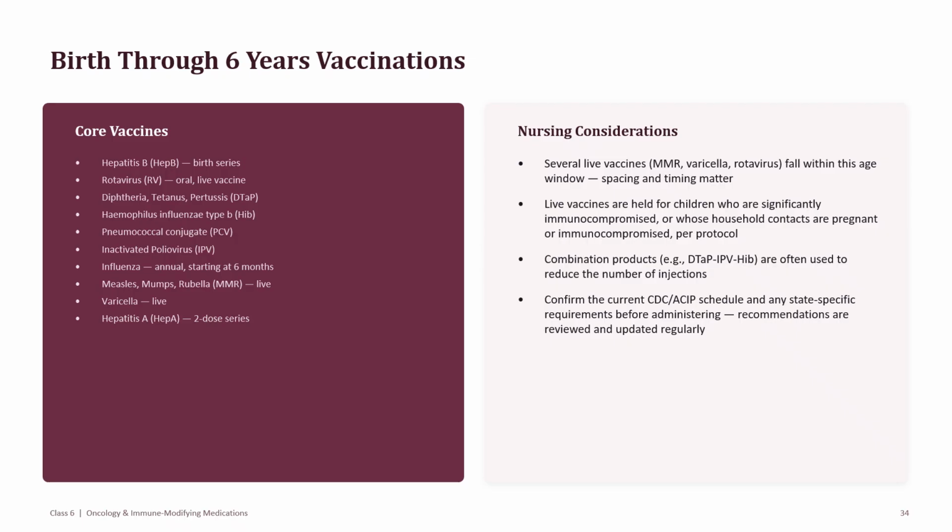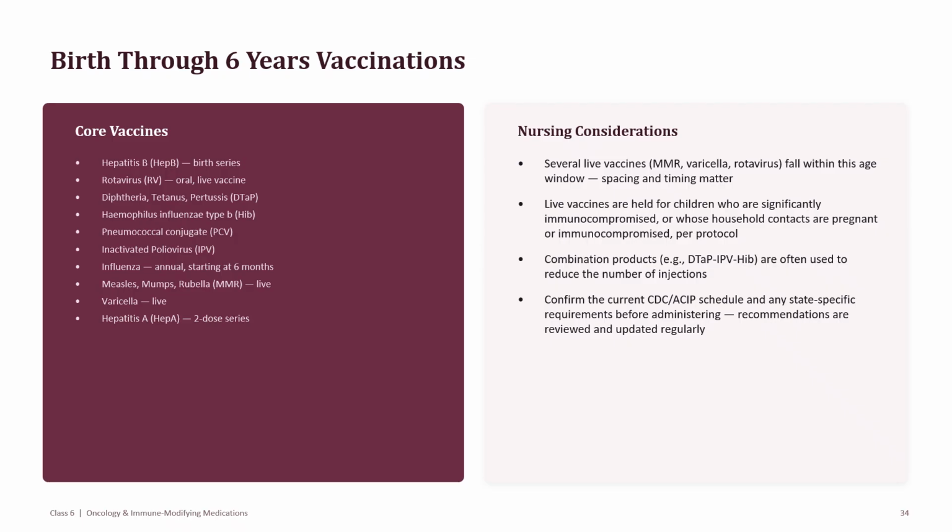So look at which vaccines on the list are live: MMR, varicella, and rotavirus. And notice they're all clustered right there in early childhood. That's not a coincidence. It's exactly why the live vaccine safety screening we just talked about matters so much at well child visits.